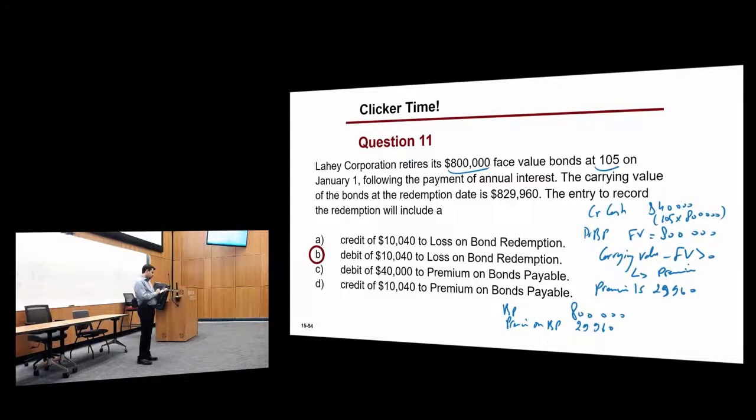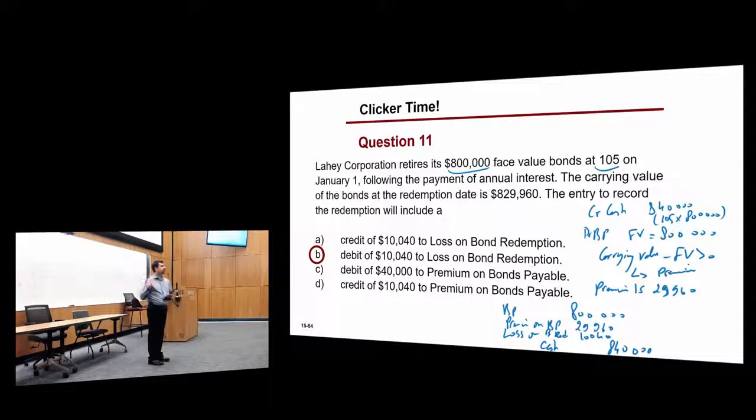We know that cash will be credited 840,000. The difference between the two will be, the company paid more than the carrying value. So this will be loss on bond redemption. It will be the difference of those two amounts, 10,040. Any questions?